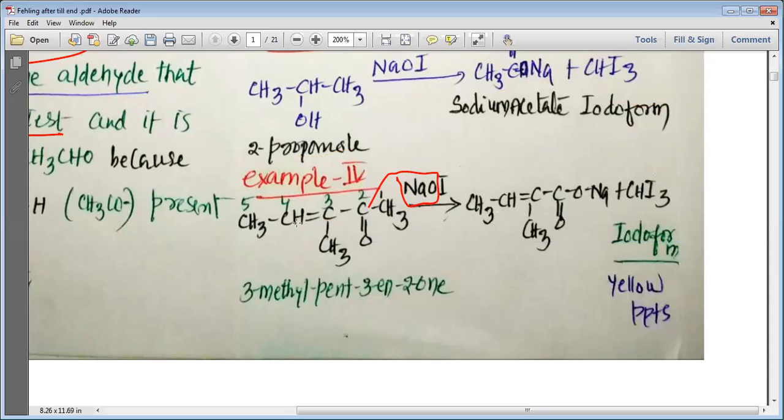So you can see CH3CH double bond C, CH3 and CO are not affected at all. ONa is bonded to it and iodoform is formed. Remember that these double bonds are not affected at all by the iodoform test.